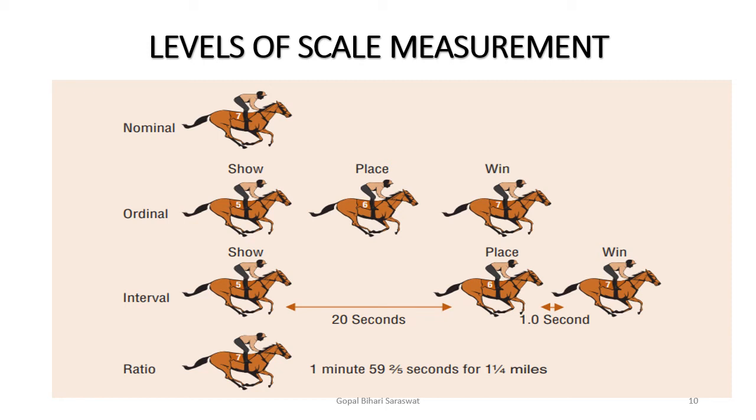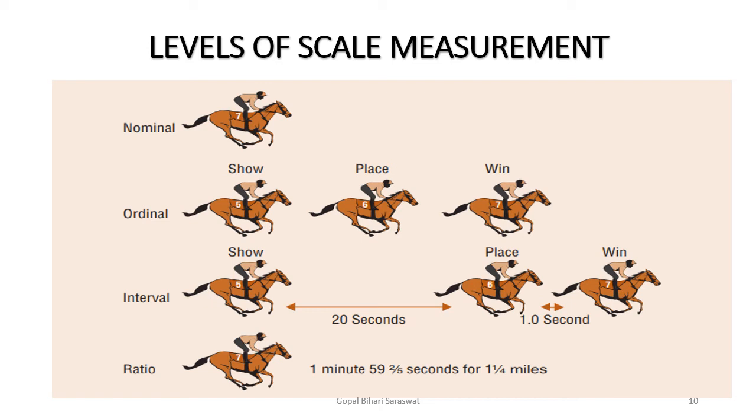And how far is the seventh horse from the sixth horse? This interval is not available in the ordinal scale. Therefore, we use the interval scale to find out the interval or the distance between the two. If one student is ranked 1, another is ranked 2, what is the difference of their percentage? To find that out, we have to move to the interval scale.